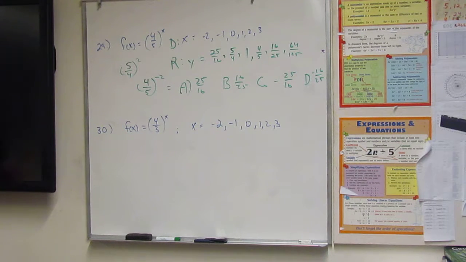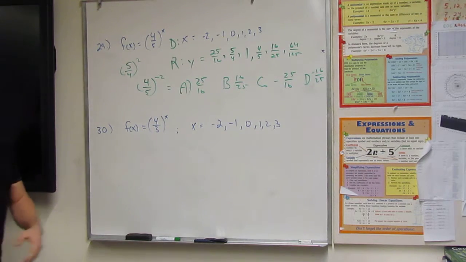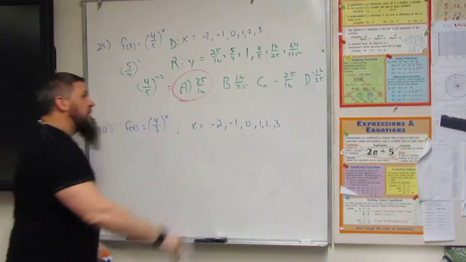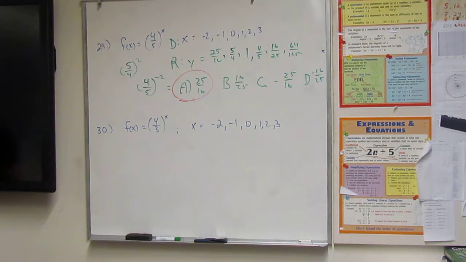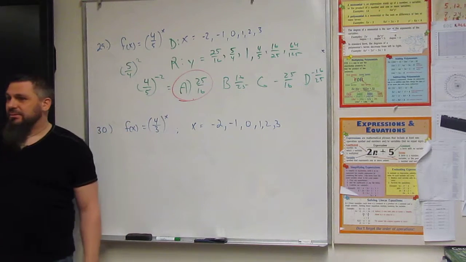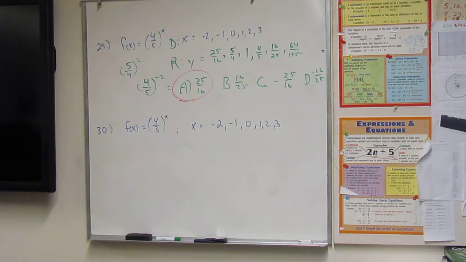If it's happening with all my pre-cal students and it's happening in my Algebra 1 and Algebra 2 students and my geometry students, I'm sure it's happening with you guys, right? So that's why we have to be able to choose A. We have to know that what happened is these got flipped and then they got squared. Does that make sense? Okay.